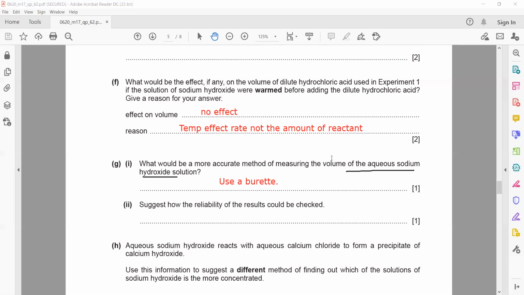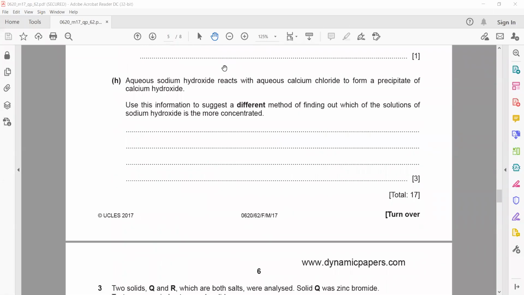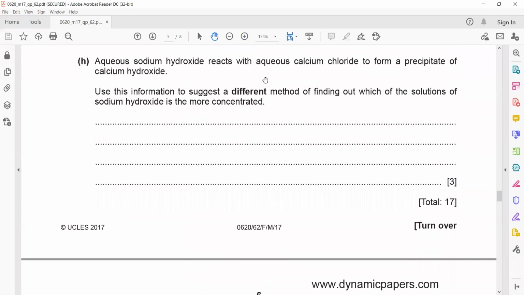Now, aqueous sodium hydroxide reacts with calcium chloride to form a white precipitate of calcium hydroxide. Use this information to suggest a different method to find out which solution of sodium hydroxide is more concentrated.